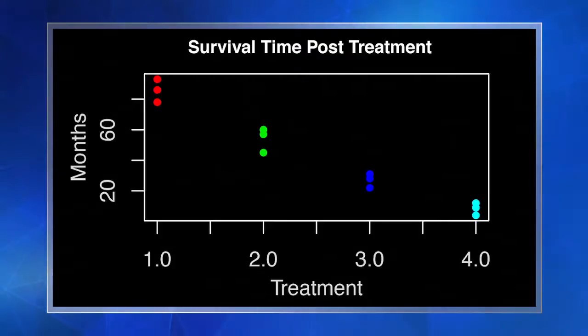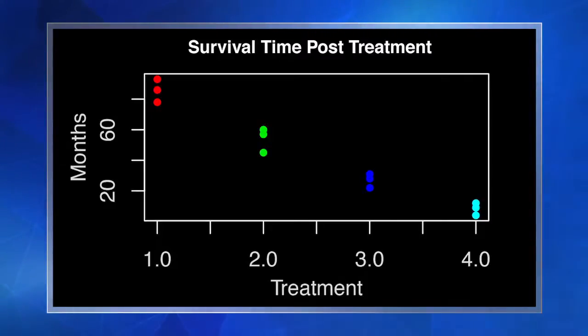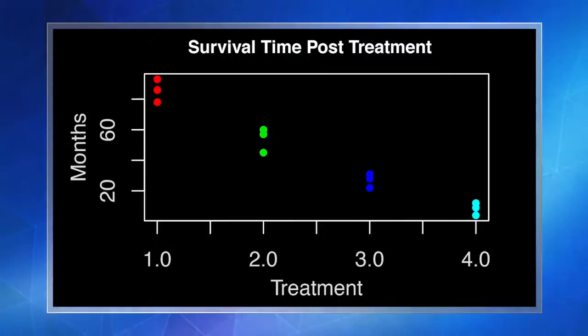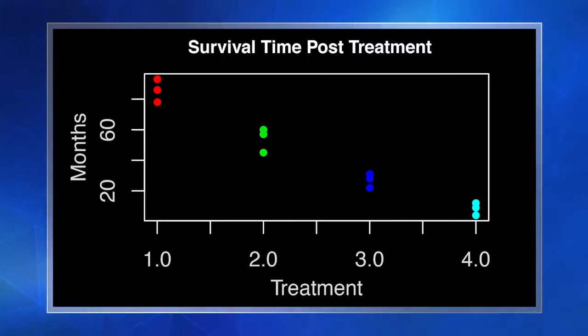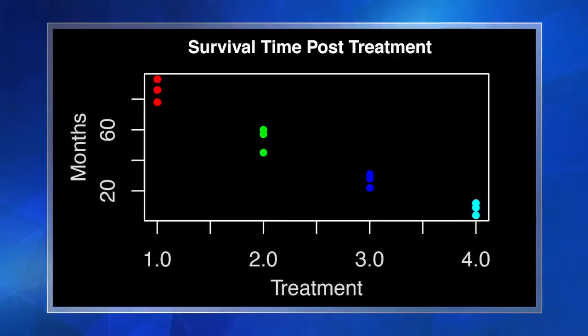Our x-axis has the 4 different types of treatments, treatment 1, 2, 3, and 4, and y has the survival time in months. So this analysis tells us that there's a significant treatment effect. Notice it suggests that treatment 1 is the best, since those people lived longer post-treatment.